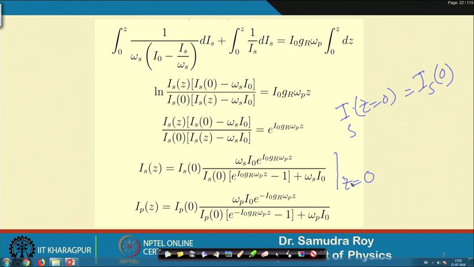If you do this carefully, you will find that if you put z equal to 0, this term will be 1, and this term is 1 minus 1, so it will cancel out. We have omega_s in the denominator and omega_s in the numerator, these two will cancel out and you will simply have I_s(0). So, the boundary condition gives us the correct result.